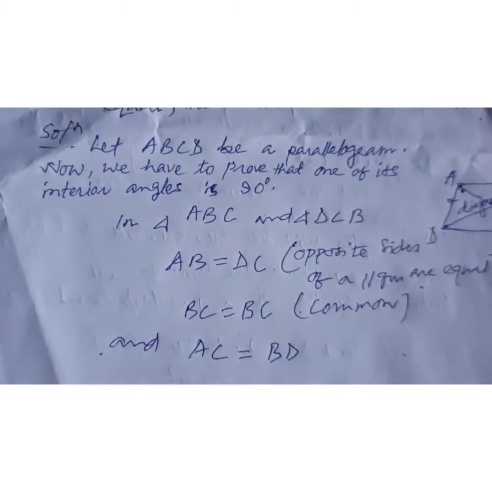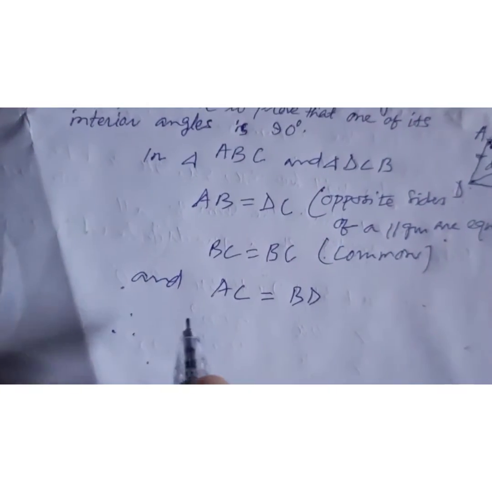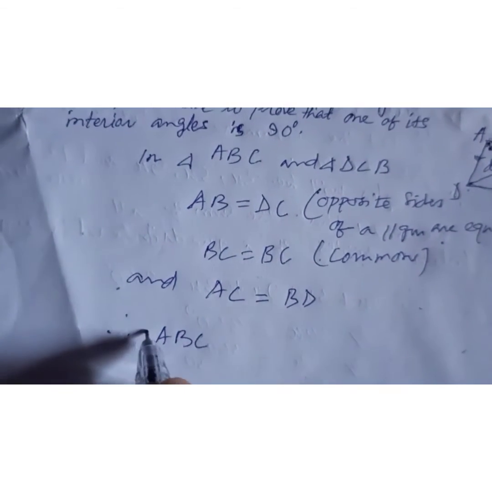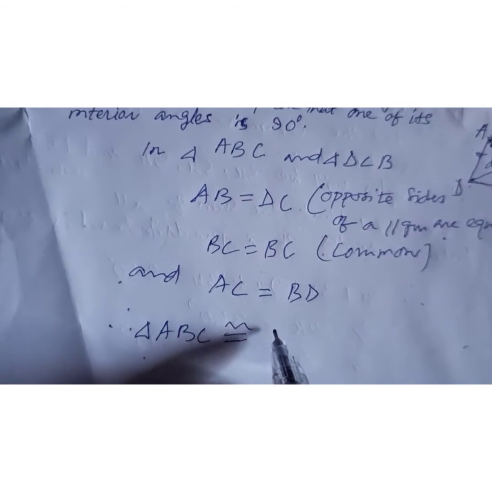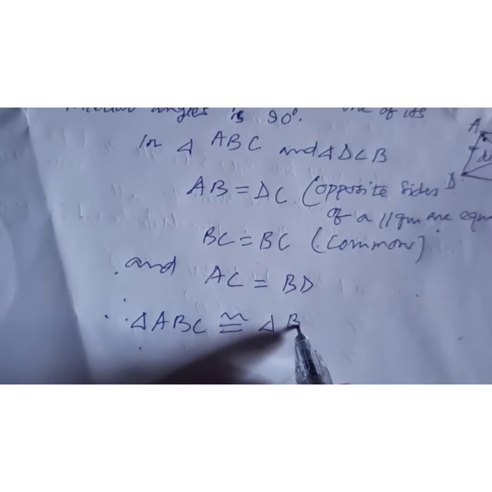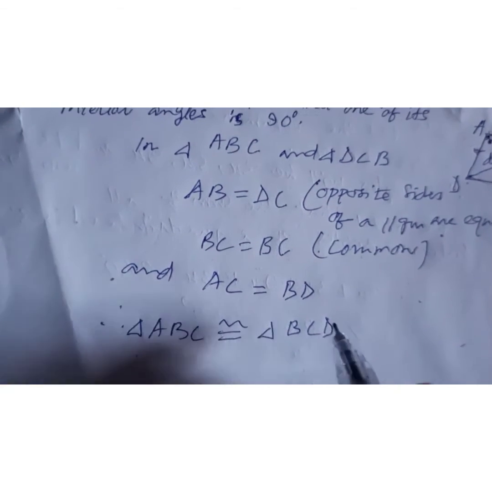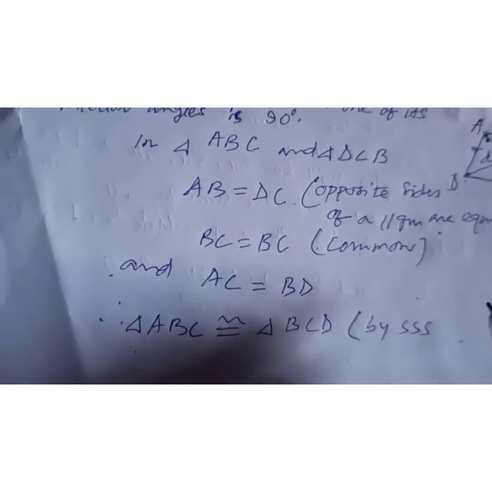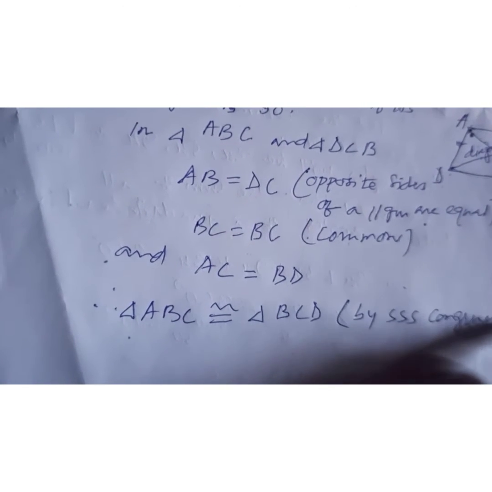Therefore, what you are going to write there: triangle ABC is congruent to triangle BCD or DCB, by using the SSS congruence rule.